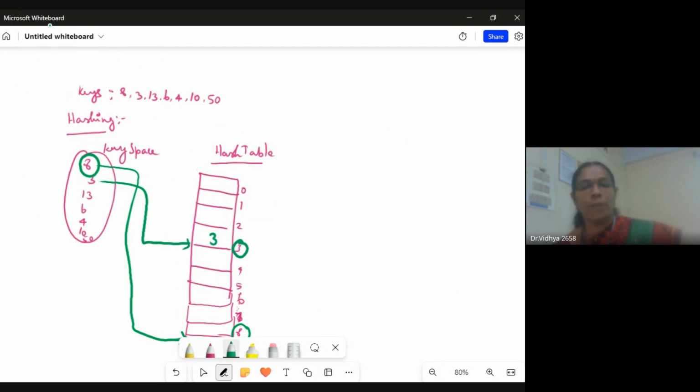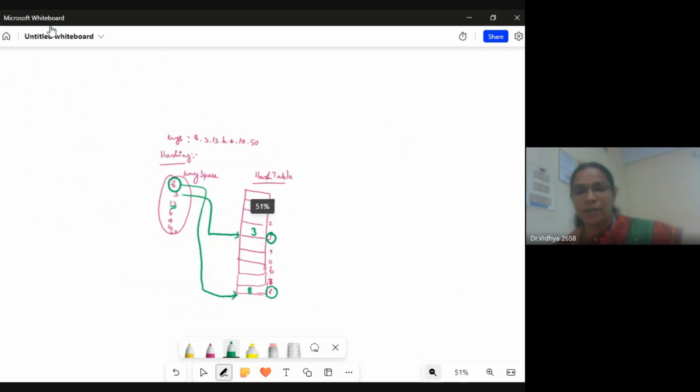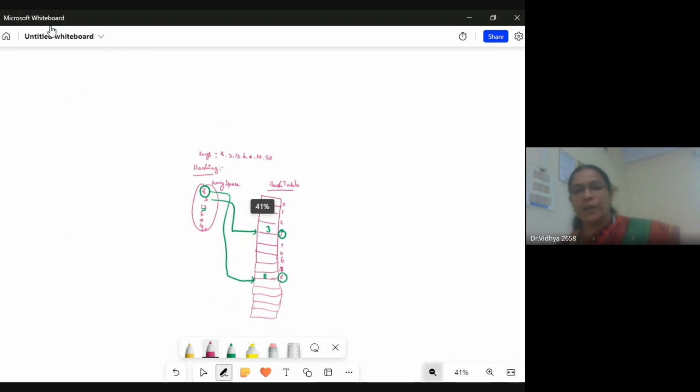Similarly for 13, we don't have index 13 here, so the table must go up to 13. I can draw it here: 9, 10, 11, 12, then 13, and 14. Is it visible clearly?